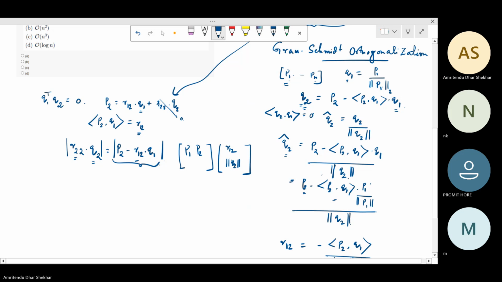So R22 is equal to the norm of P2 minus R12 times Q1. Okay. And this vector Q2 is equal to, of course, P2 minus R12 times Q1, divided by R22.